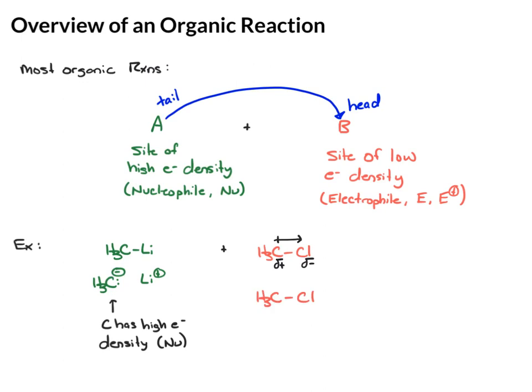So I'll just move this down so it's aligned with our nucleophilic carbon. And what we can say about this carbon is that it has low electron density because of the partial positive charge. So it's the electrophile. When you have a nucleophile and electrophile, those two things will react.